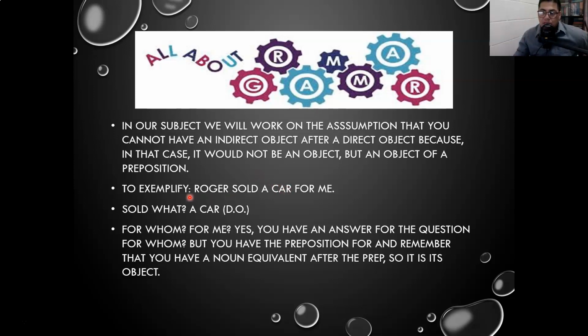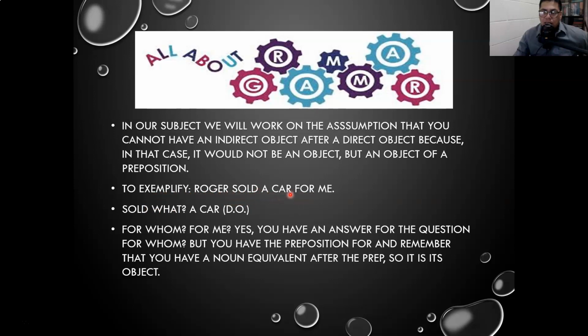So check this out. Roger sold a car for me. In this case, Roger sold what? A car. This is the direct object. For whom? For me. But this is not an indirect object. Why not? Because this is the object of the preposition for, right? It's different if I say Roger sold me a car.